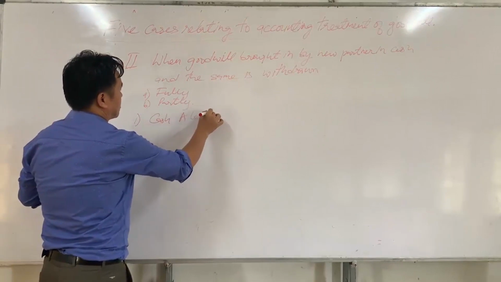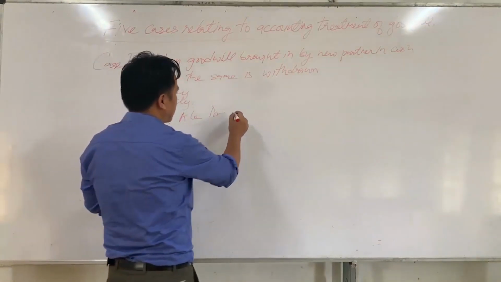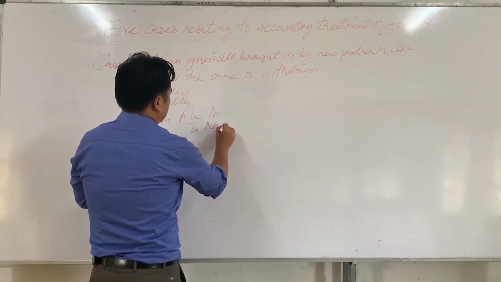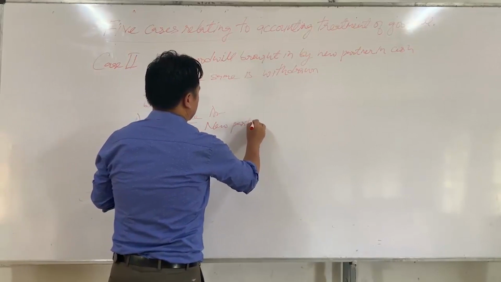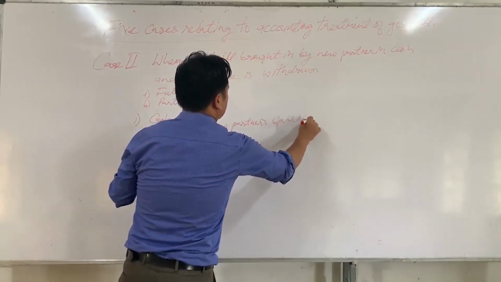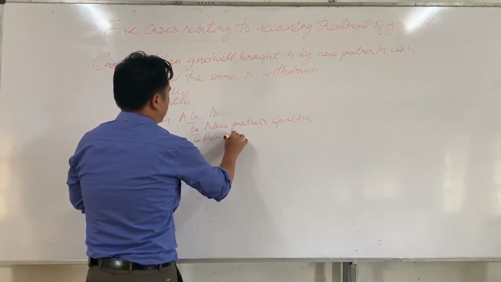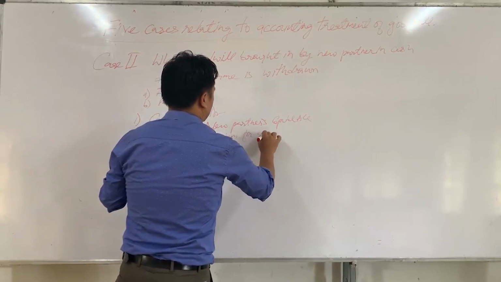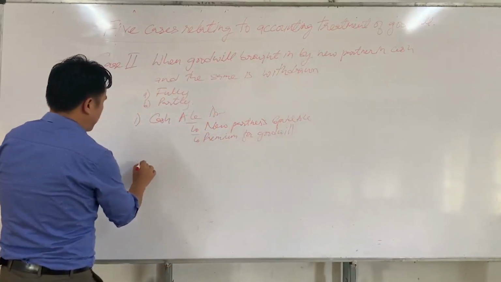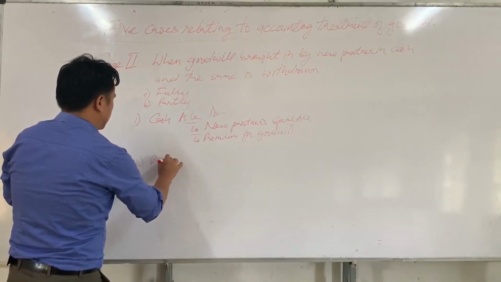We have to pass same journal entry: cash account Dr to new partner's capital account, to premium for goodwill. So premium amount should be transferred to whom? Sacrificing partners.